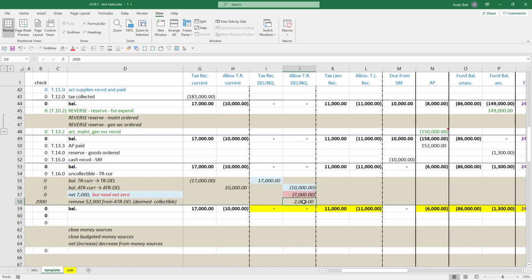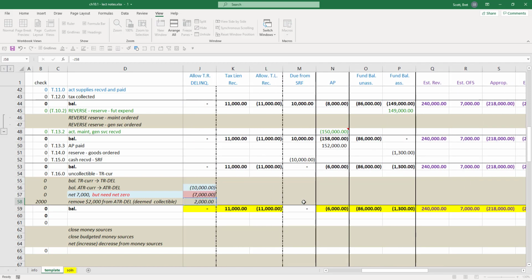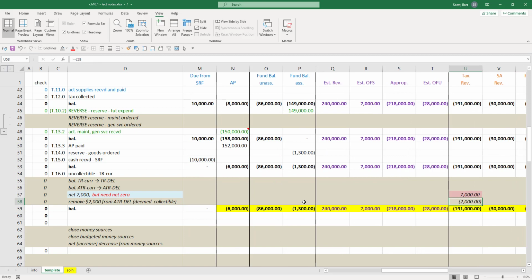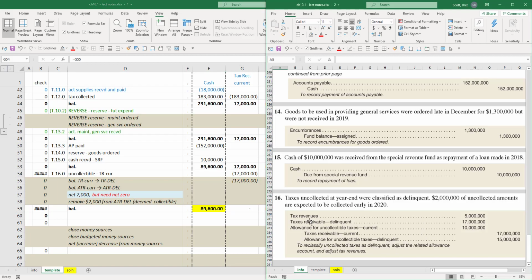So where does this 2 million debit get offset from? Tax revenue. This is the story. This is the perspective I'm giving you. It's kind of like going too aggressive, then backing off to be more reasonable. When we do that, what happens to this overall journal entry? Well, 17 million is going to be credited to the tax receivable current.